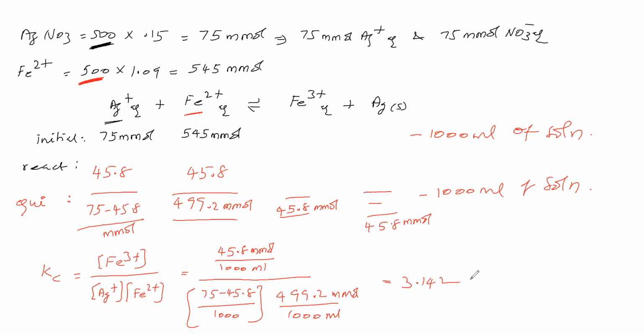Let us go to the next sum. For a gaseous reaction A plus B gives C, the equilibrium concentration of A and B at a given temperature is 15 molar.